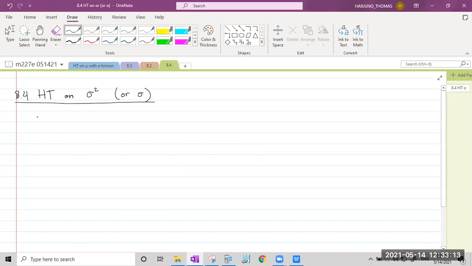The template: step 1, the claim, just like before. Step 2, hypothesis. It depends on what you are testing. Therefore, you need to be a bit careful.